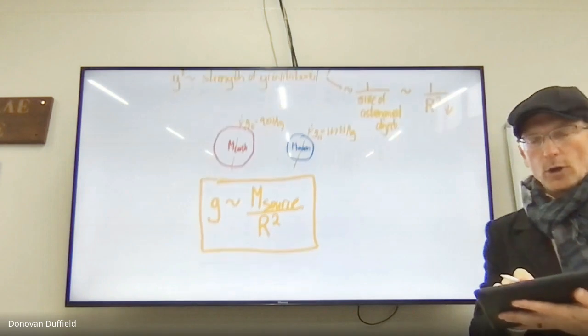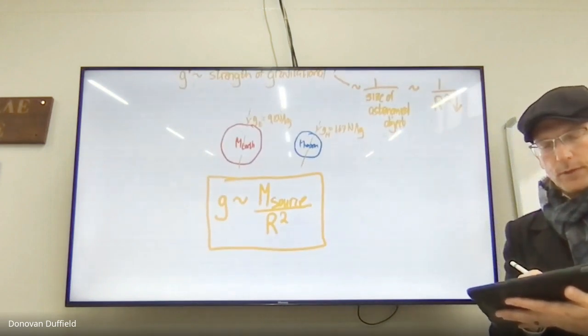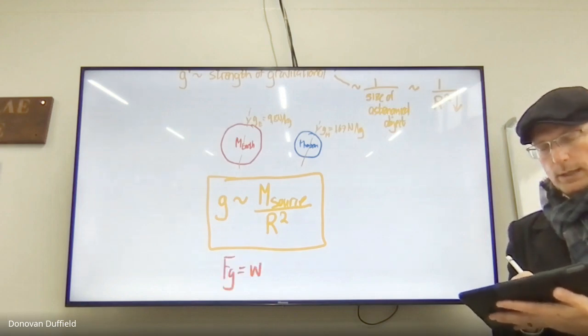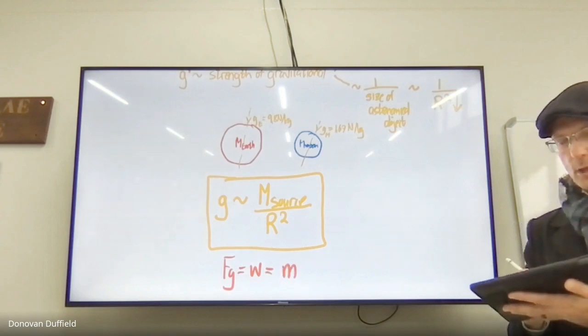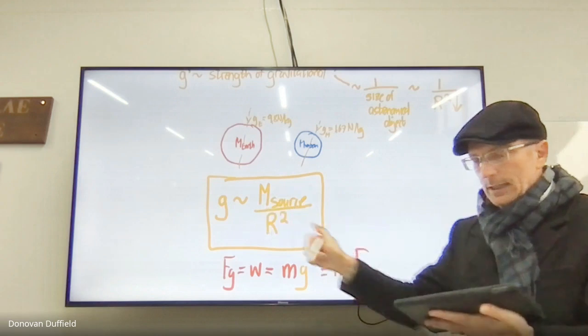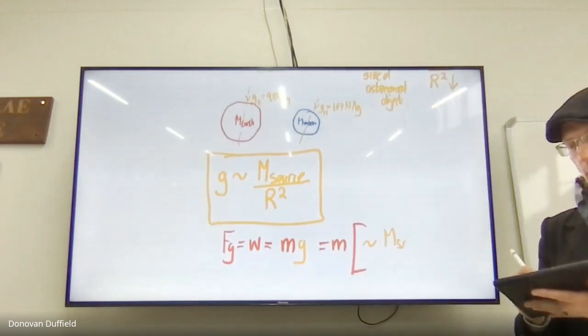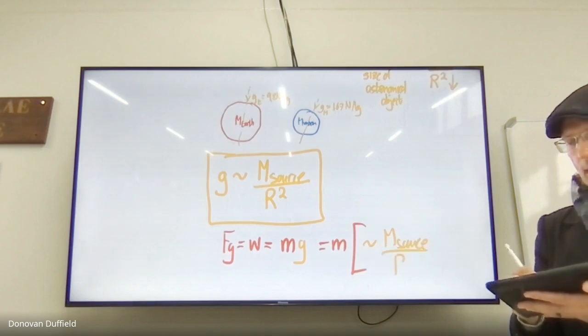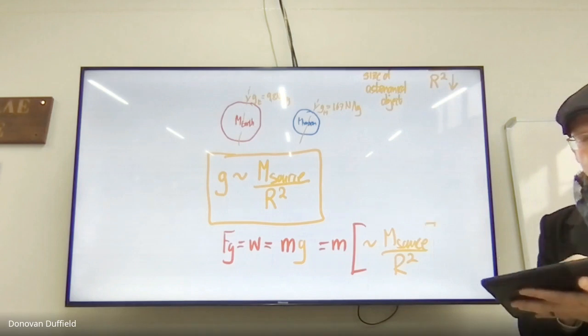We are going to take that force of gravity, which we called Fg, or what we called weight, and we're saying mass times G, but we're going to land up with the fact that this G is going to have a dependency on the mass of the source and an inverse dependency on the physical dimensions of the source.